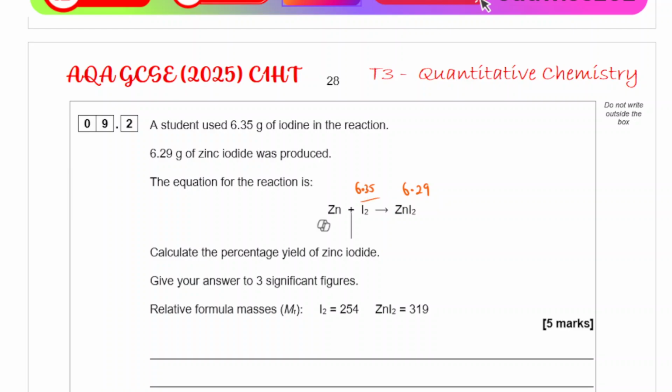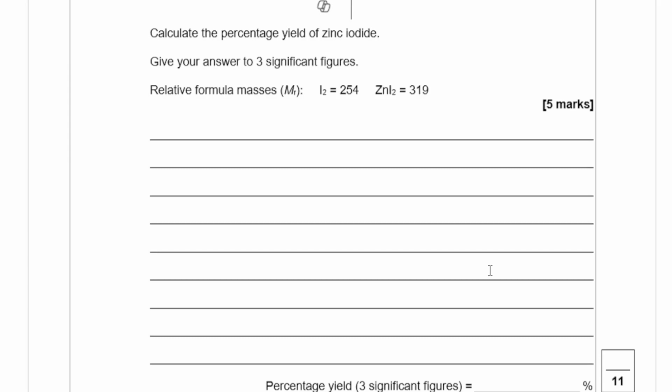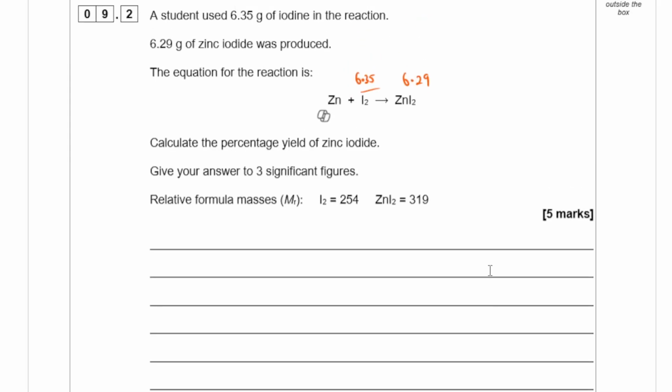Okay. Calculate the percentage yield of zinc iodide. Give your answer to three significant figures. Relative formula mass of zinc, iodine and zinc iodide is given. Okay.